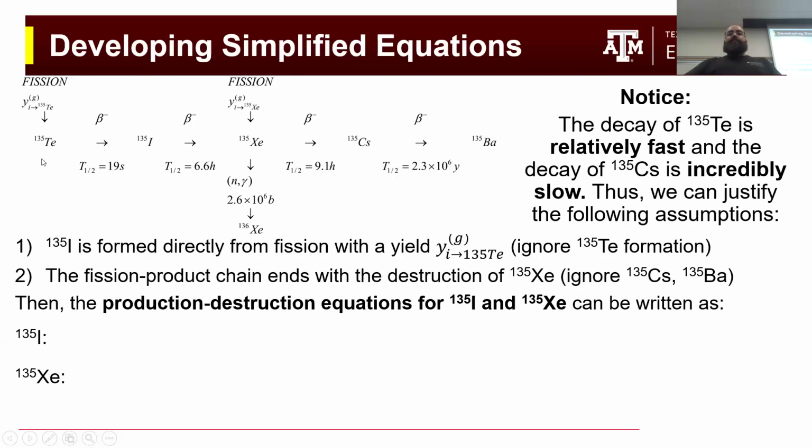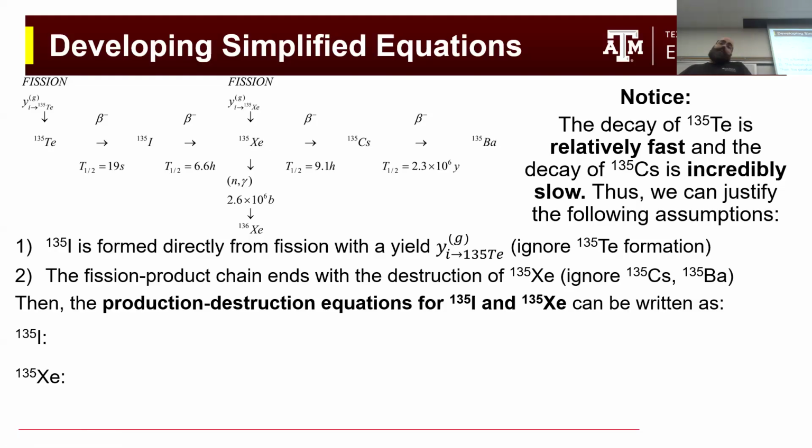So this is that same production, destruction, and fission product chain. And we can simplify this in a couple of ways. Notice that tellurium-135 has a relatively short half-life. Its half-life is only 19 seconds.